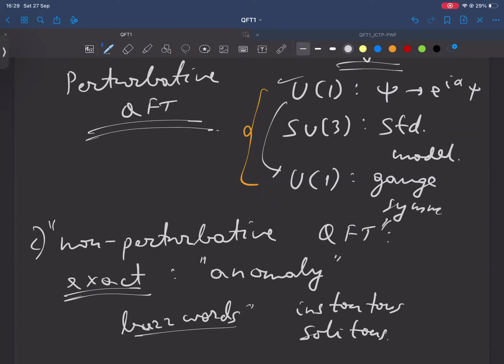One last thing is there could be some typos in my typed notes, like a minus sign or a plus sign here and there, or some phase differences. So one request to all of you would be to please let me know if you find those typos, because as you know, different people have different QFT conventions. My lecture notes are based on many lecture notes and books, and different books and notes have their own conventions.